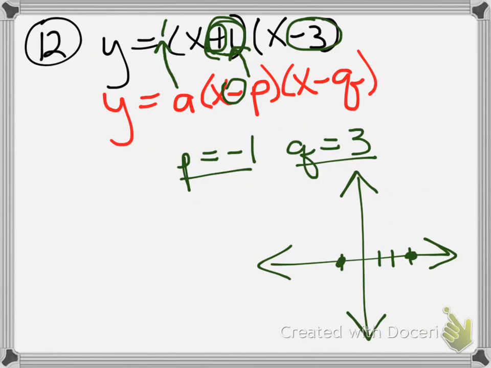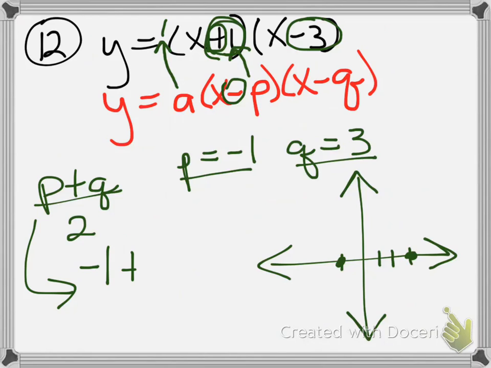Now to find the vertex point that's between them, the formula is p plus q divided by 2. Okay, well, what is p? P is negative 1. What is q? Q is positive 3. Negative 1 plus 3 divided by 2. So that's going to be 2 divided by 2, which is 1.